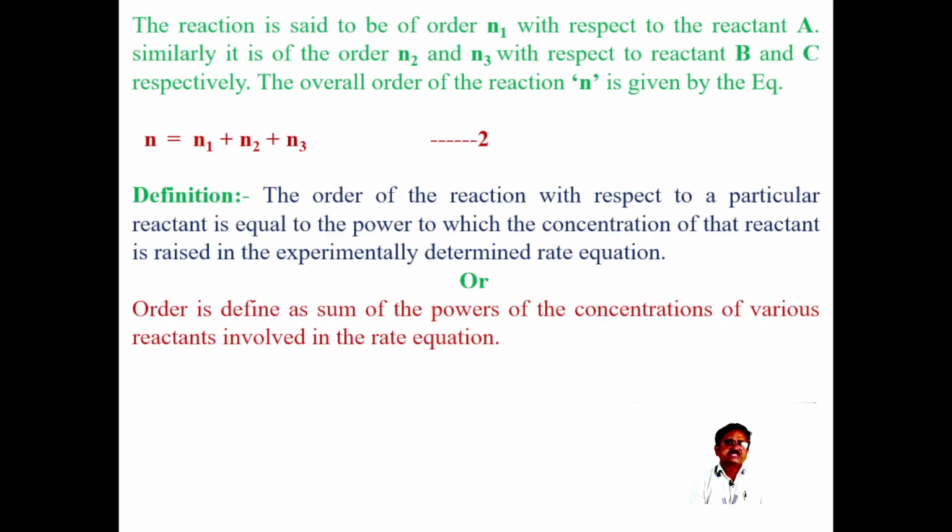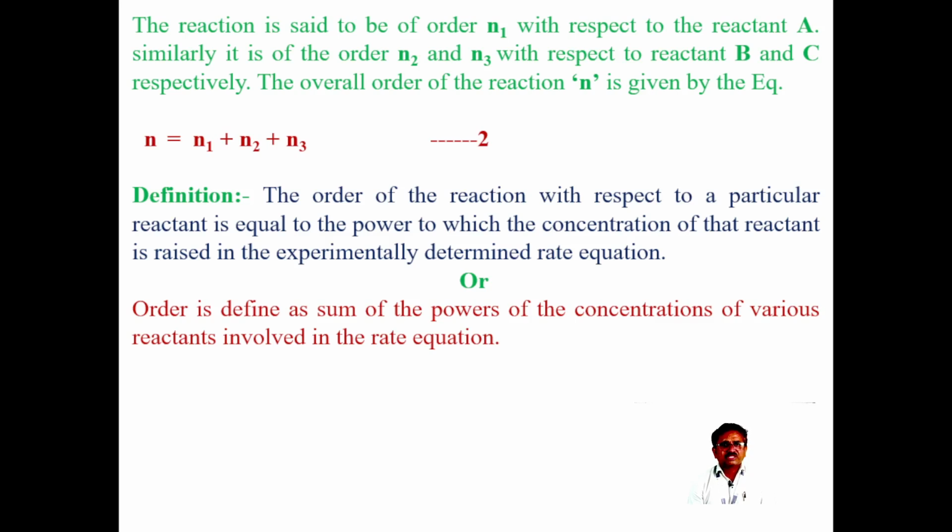So, the reaction is said to be of order n1 with respect to the reactant A. Similarly, it is of the order n2 and n3 with respect to reactants B and C respectively. And for the overall order of the reaction n, n will be equal to n1 plus n2 plus n3, means the sum of exponents of molar concentration of reacting species in the rate law equation gives the overall order of reaction.